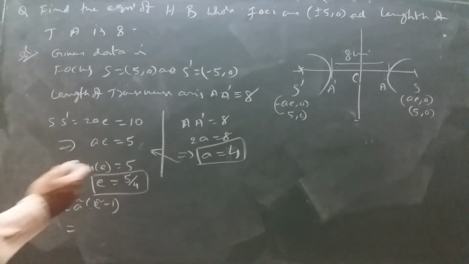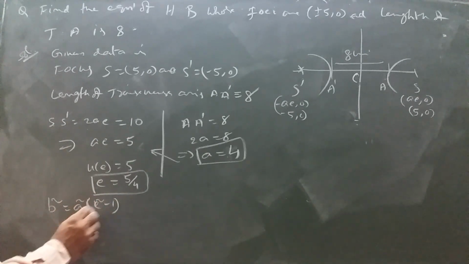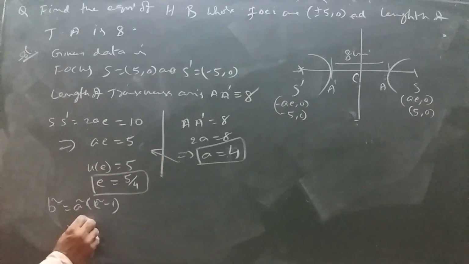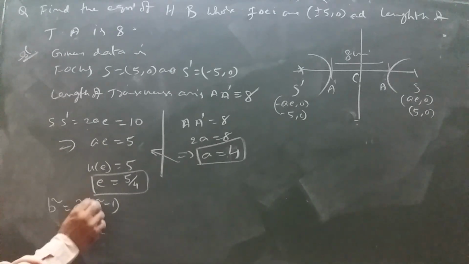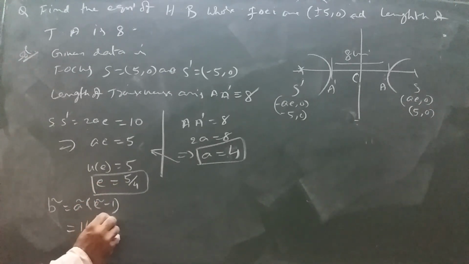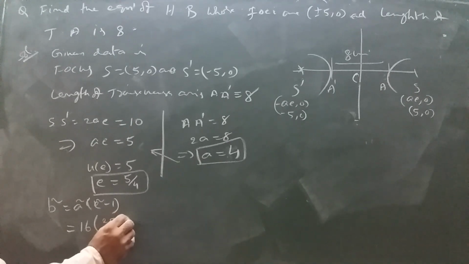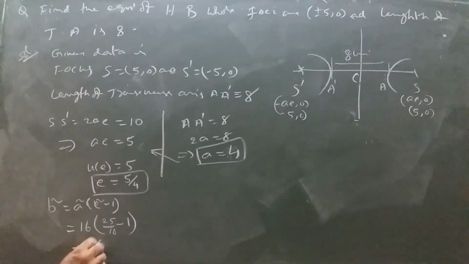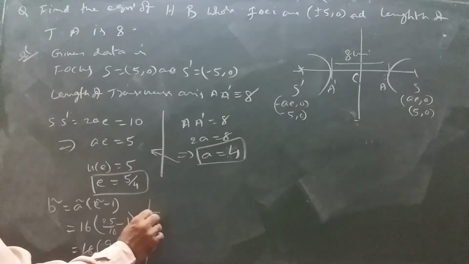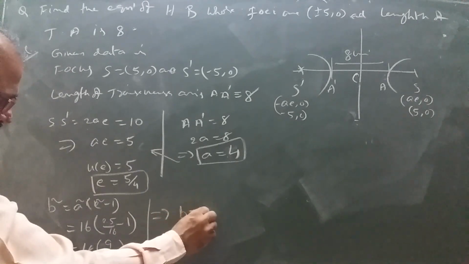By substituting these 2 values, we can find B. What is A? 4. 4 square means 16. E square means 25 by 16 minus 1. That is 16 into 25 minus 16, 9 by 16, 16 get cancelled, B square is equal to 9, that implies B is equal to 3.